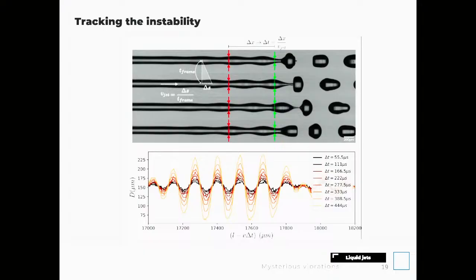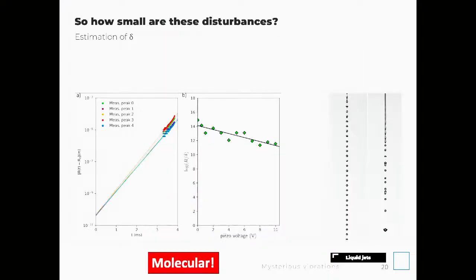And then we can do something very weird, is we take all our data and then we extrapolate back to where the initial perturbation should have begun. Yeah, and then we find a length scale, if you believe this extrapolation, that is molecular, an angstrom, a molecule.